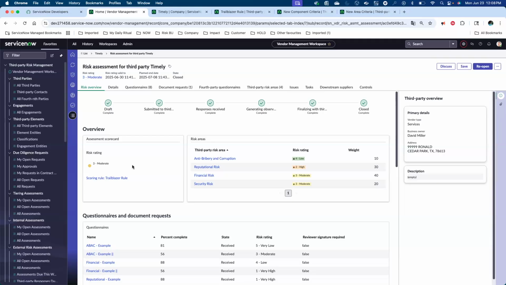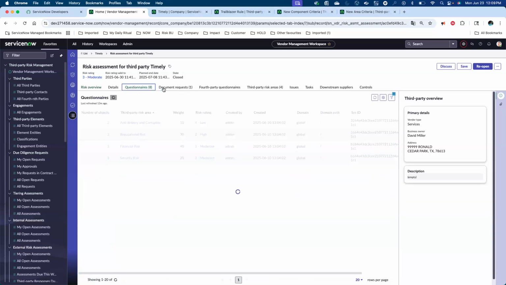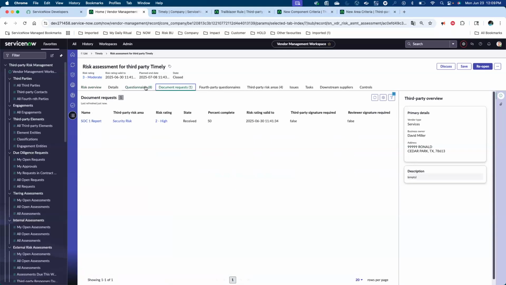If you recall, and you might have to go back and check the calculations blueprint, but just as a quick reminder, it is an average of the questionnaires and document requests, so questionnaires and document requests per risk area. And it's basically a weighted average of all of that, right?